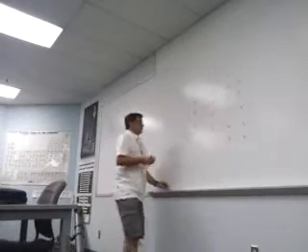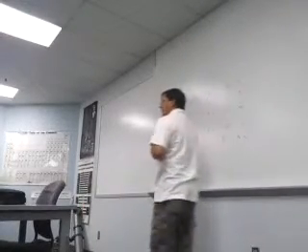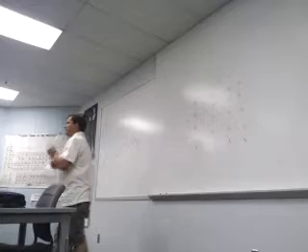So, what this negative means is that my loop does not like the flux through it to change. It wants the flux to stay the same. So in other words, your loop is like a person. It doesn't like change.